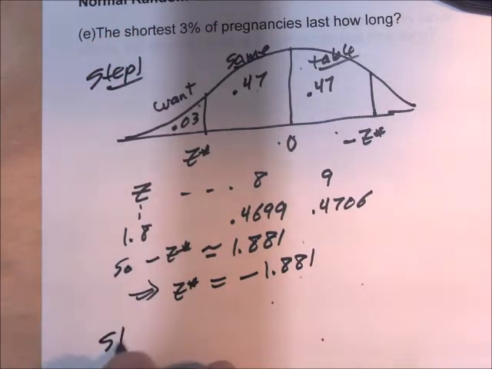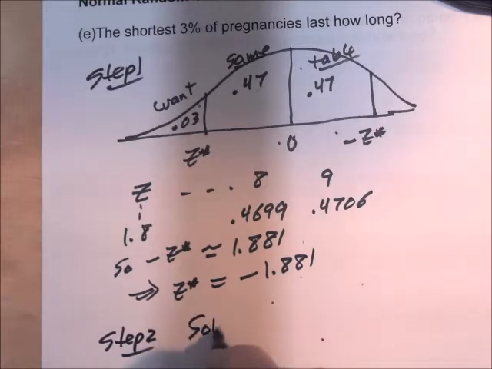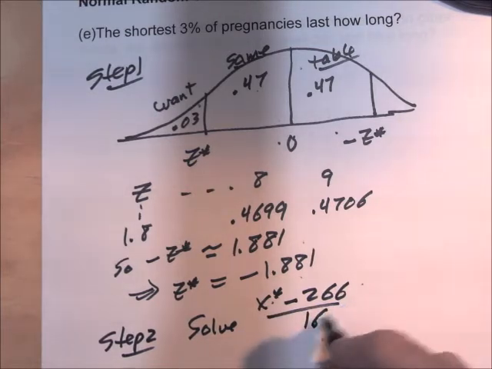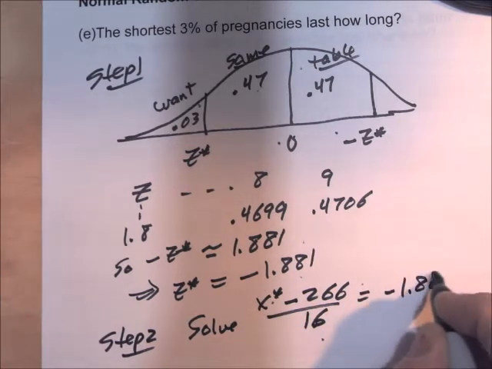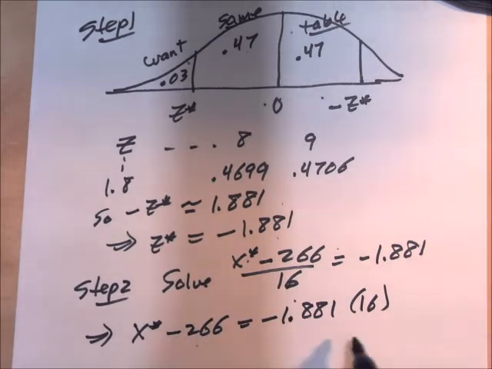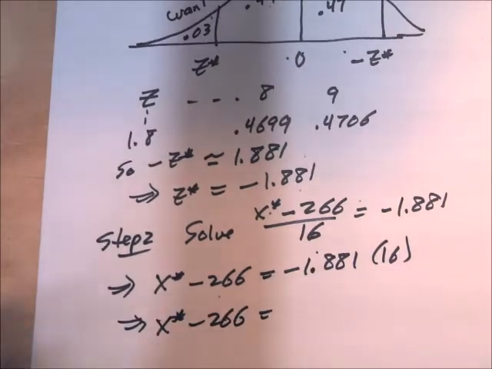And step 2. Now we want to solve (x star minus 266) over 16 is equal to negative 1.881. So we can multiply both sides by 16. I won't show quite as much detail here because I'm running out of room on my page, but multiply both sides by 16. The 16s cancel here, and we'll get the same number we had before, except with opposite sign.